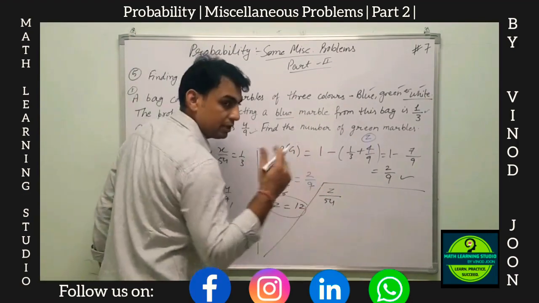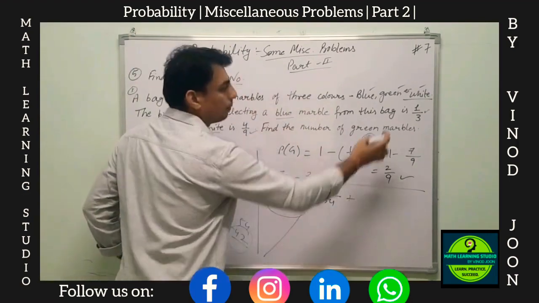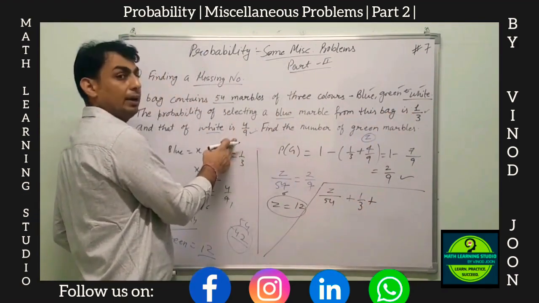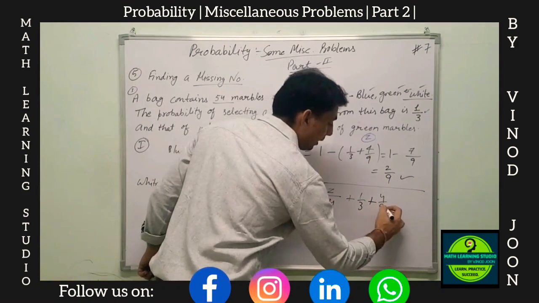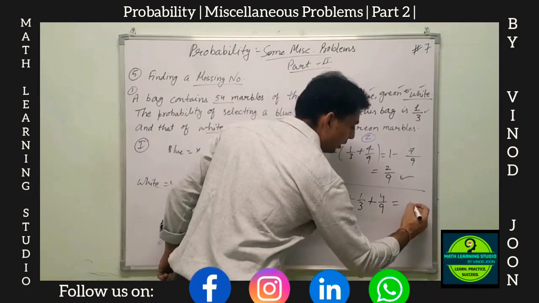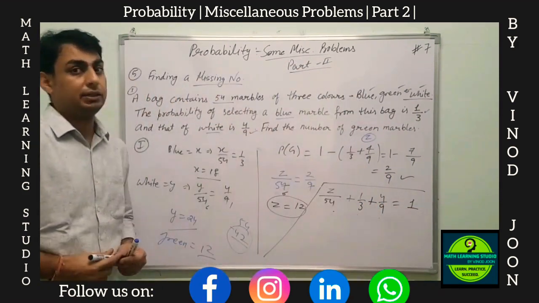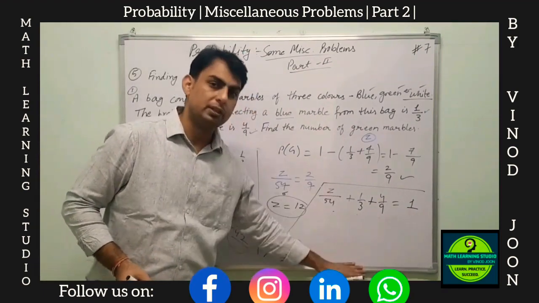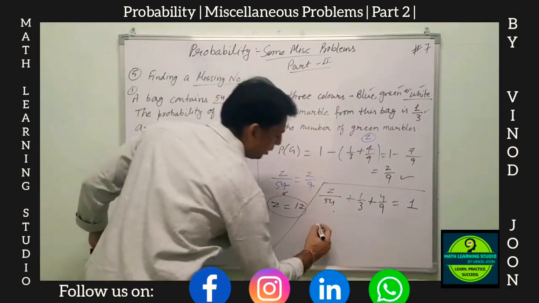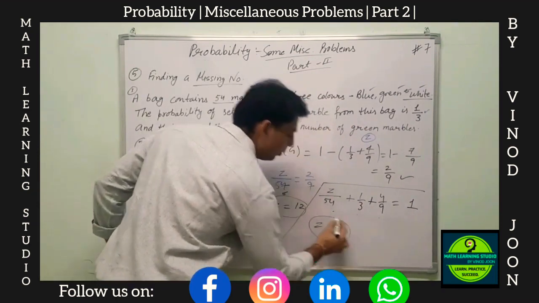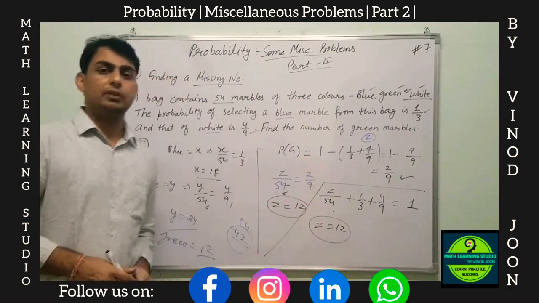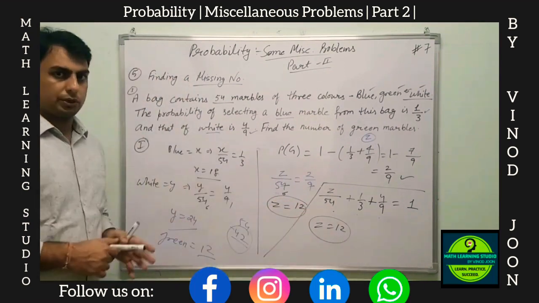Z by 54 is the probability, plus probability of blue is 1 by 3, plus probability of white is 4 by 9. And these three probabilities should be equal to 1. Means they should give you the total sum of probabilities as 1. We can solve this equation, and again I'm sure you will get Z equal to 12. Alright, so three different ways of solving this question.